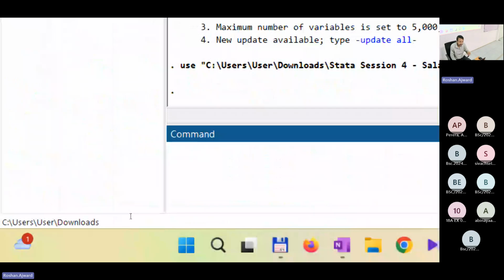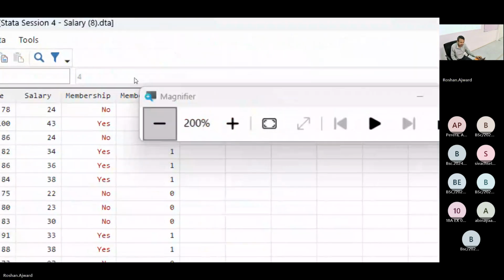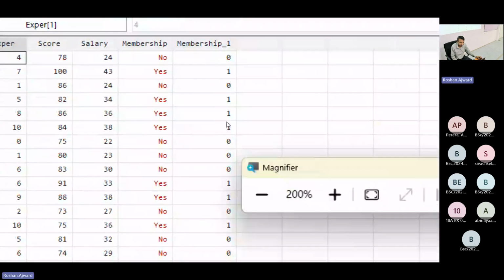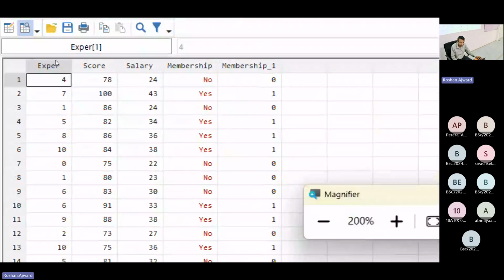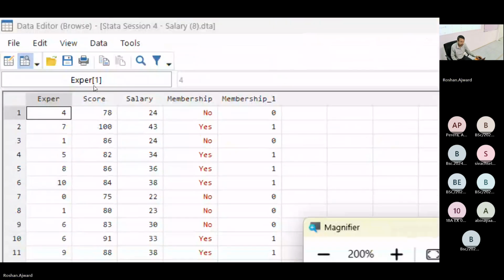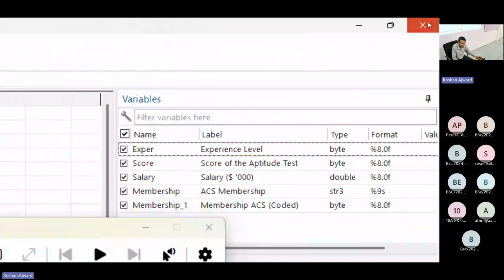So browse, hit enter. Now it will open the data. Yes, the data is there. You can see these are the variables: experience, score, salary, and it's given for 20 computer programs. Perfect. Task achieved. Once you import or open a file, please check the content. Sometimes some nasty things happen and you might not get your correct data. Who knows? Better to protect it.